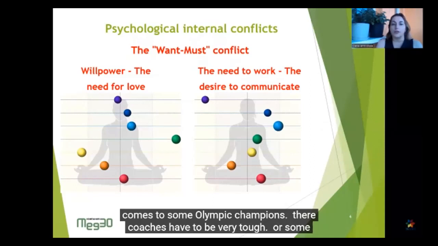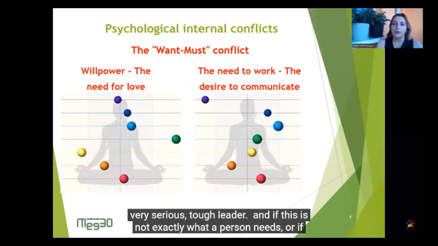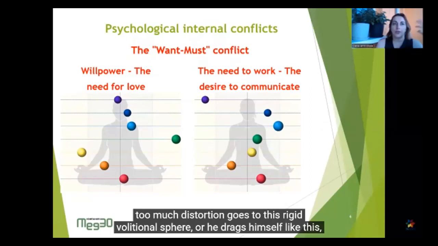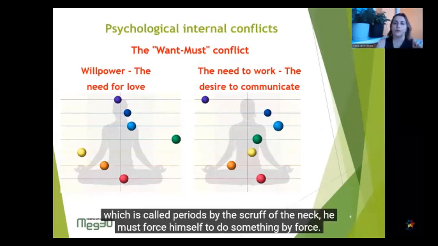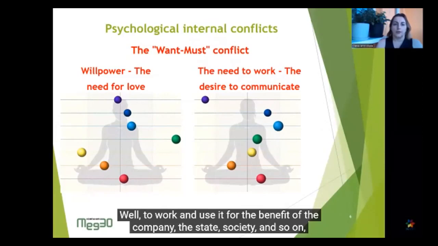Coaches have to be really tough, very serious leaders. And if this is not exactly what a person needs, or if it's too much, the distortion goes to this volitional sphere. In such periods, he must force himself to work and to use it for the benefit of the company, the state, society, or whatever.